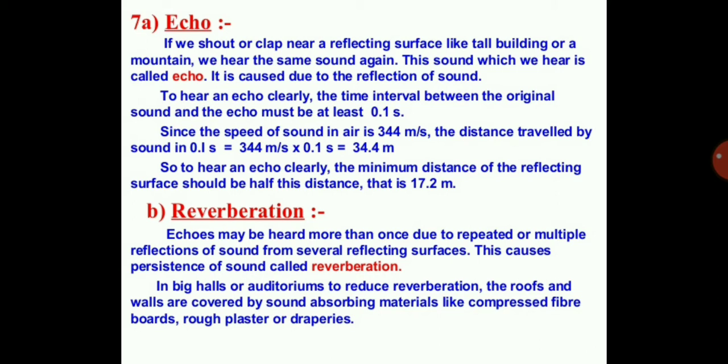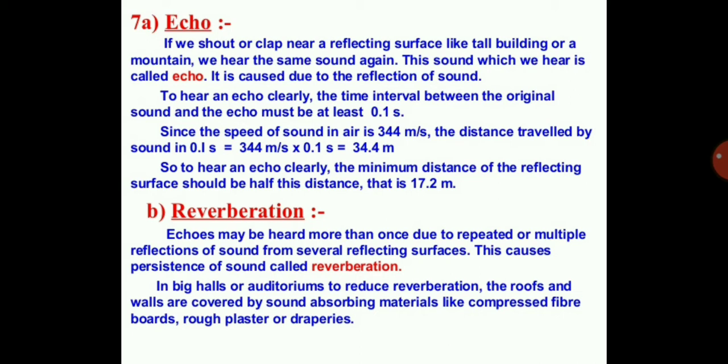Since the speed of sound in air is 344 meters per second, the distance traveled by the sound in 0.1 second is 34.4 meters. So to hear an echo clearly, the minimum distance of the reflecting surface should be half this distance, that is 17.2 meters, which is half of 34.4.